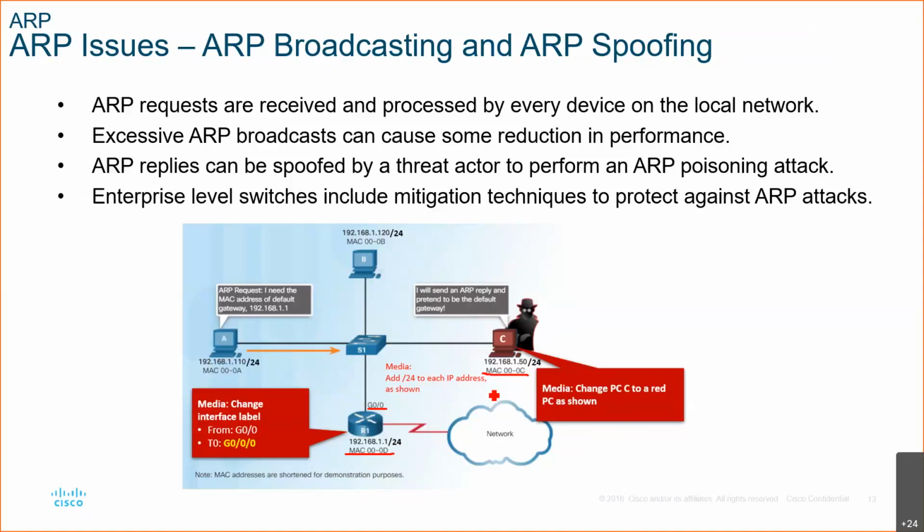Another issue you should know is that if every device is doing an ARP request, that can cause the network to become a bit slower. So that could be an issue as well.